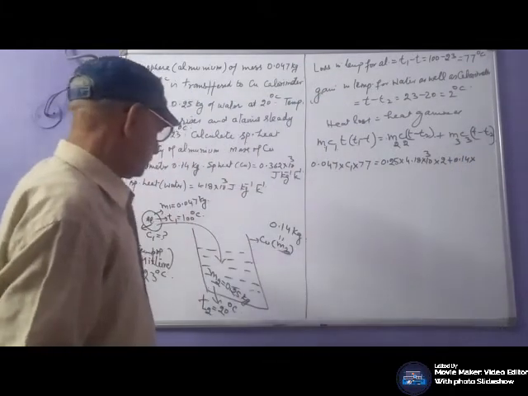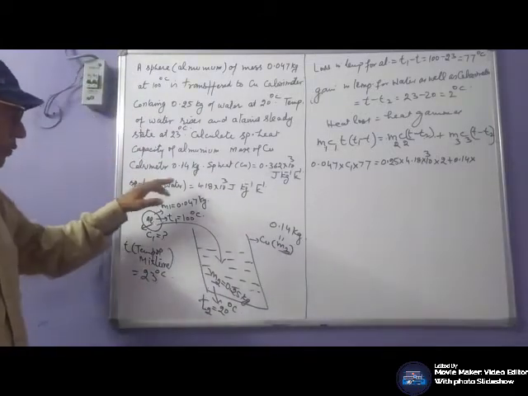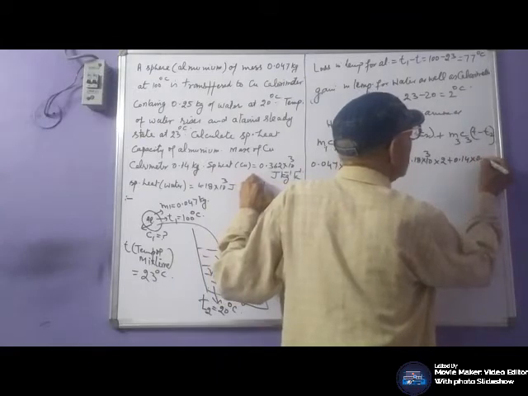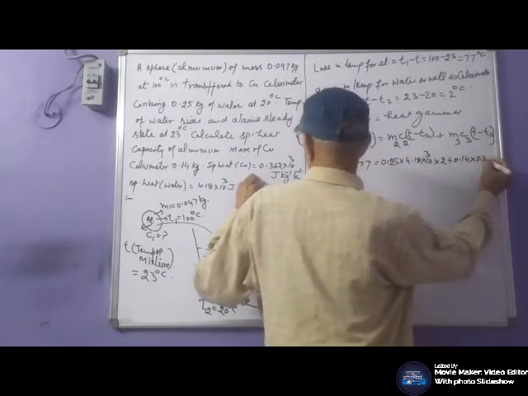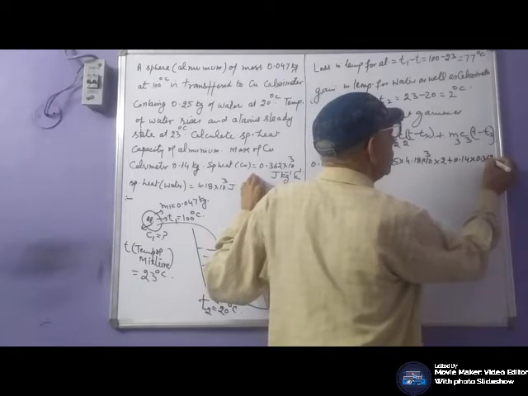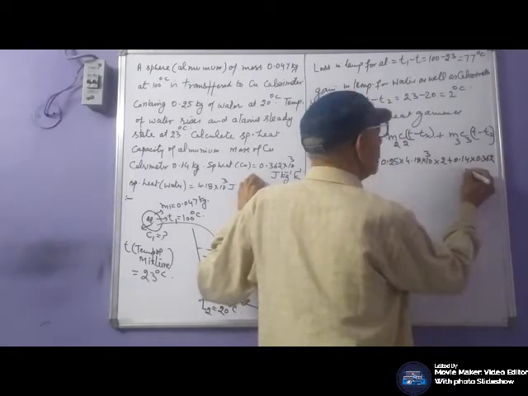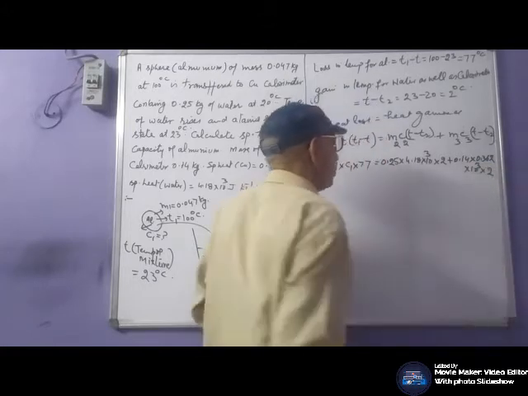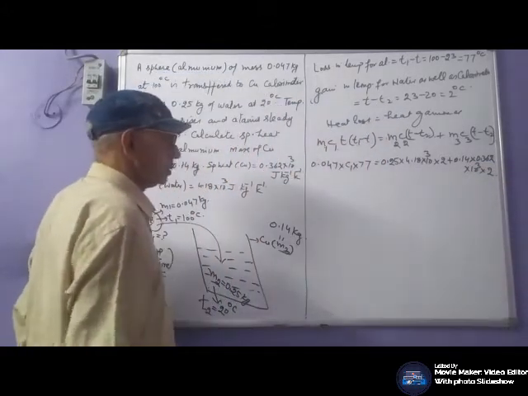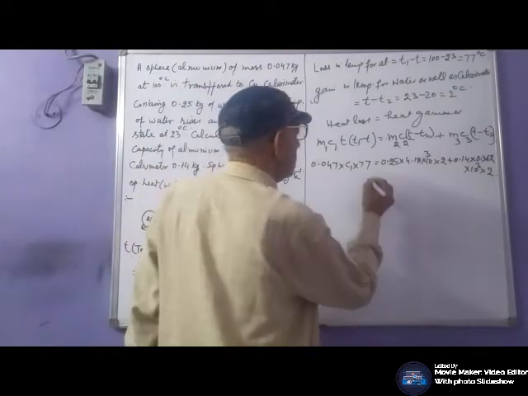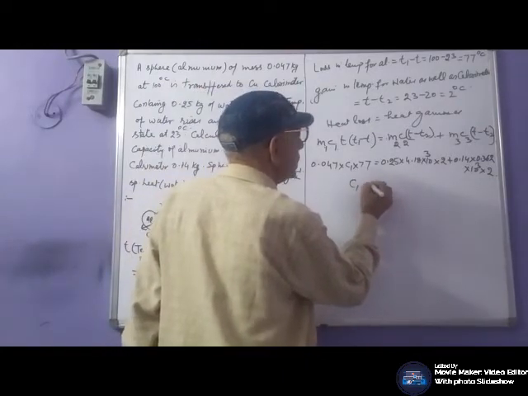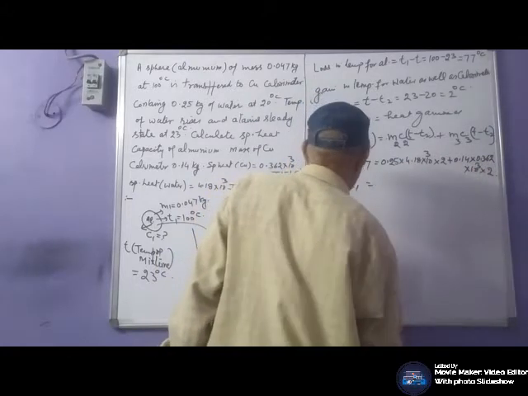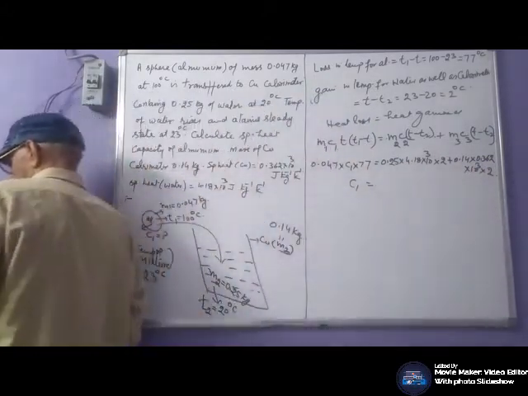C3, specific heat of copper, 0.362 times 10 raised to power 3, into 2. So for C1, multiply this and solve.